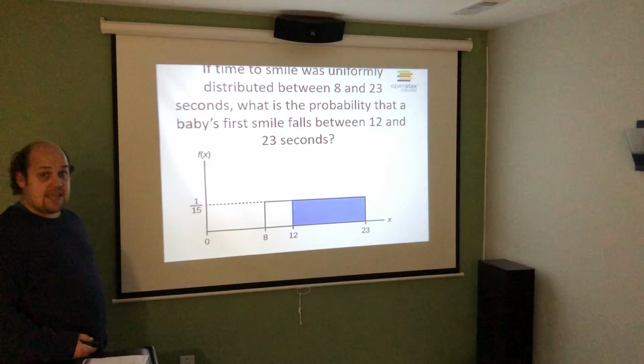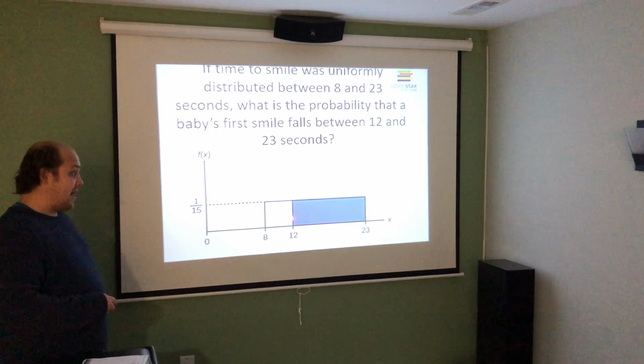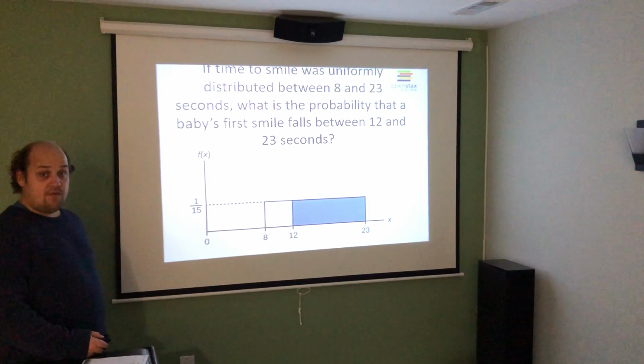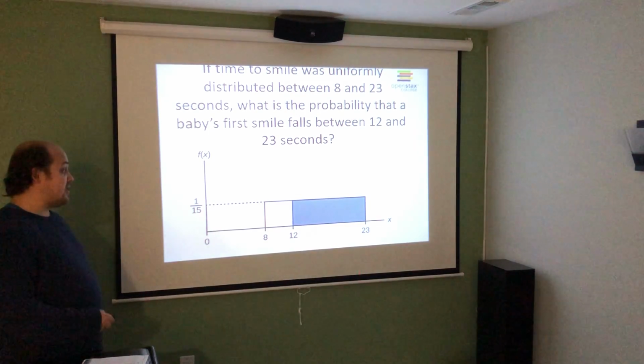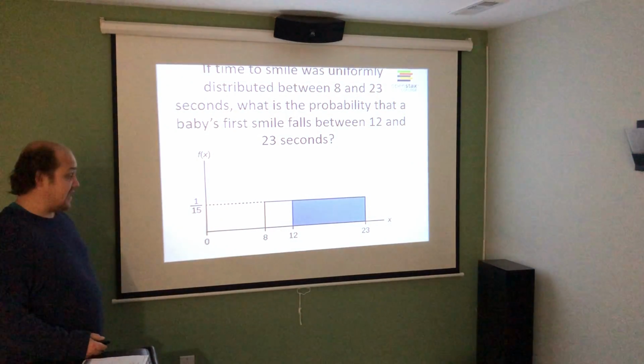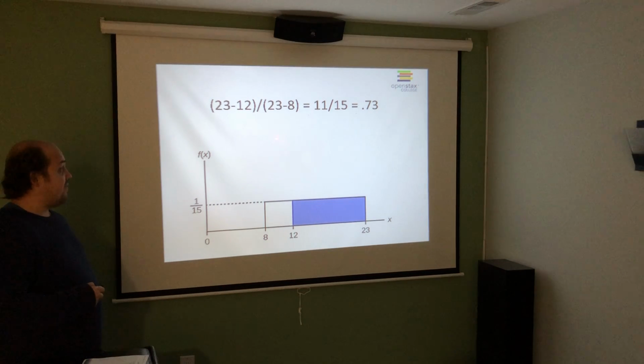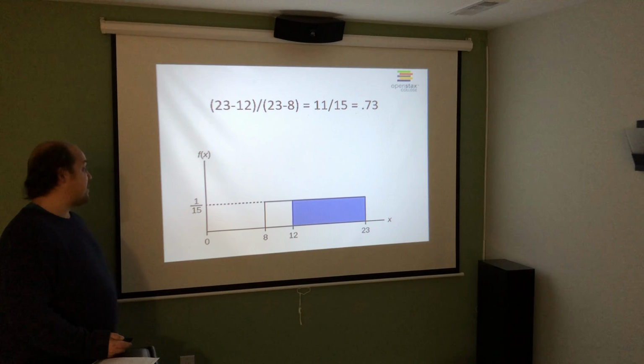I can then say the top of my fraction is the end of the shaded area, 23, minus the start of the shaded area, 12. And the bottom of my fraction is the whole box, 23, minus the start of the whole box, 8. 23 minus 8 is 15. So I would get 23 minus 12, 11 on top, 23 minus 8, 15 on bottom, to tell me the probability that I'd fall between 12 and 23 is 0.73 or 73% of the time.